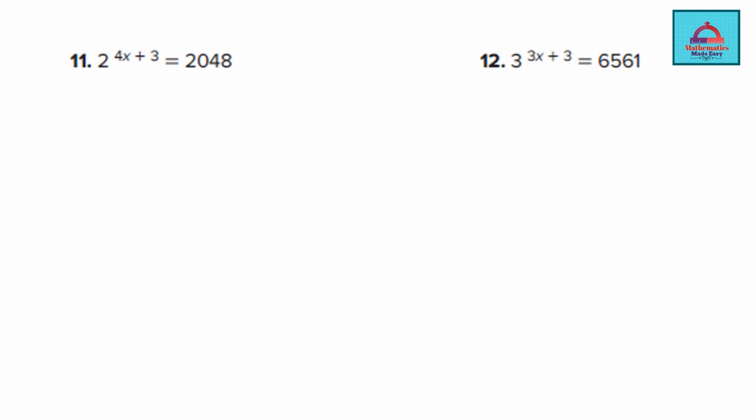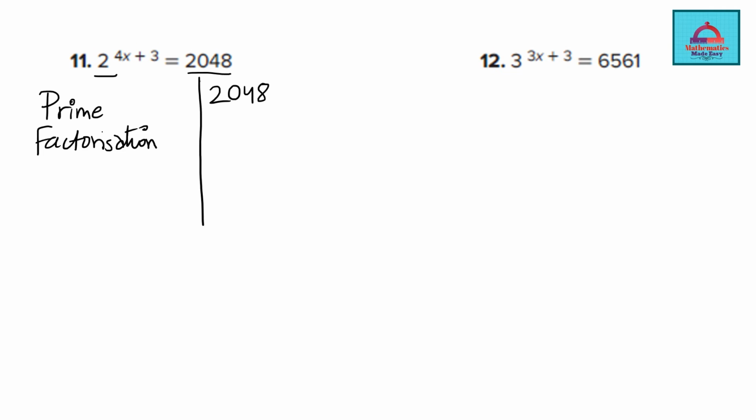Let's solve this equation. It's a multi-step equation. The base here is 2, and the other number is 2048. So we need to do prime factorization of the big number, which is 2048. Let's do it with 2 only, because 2 is the base here.